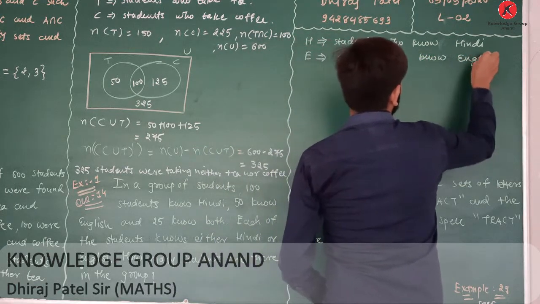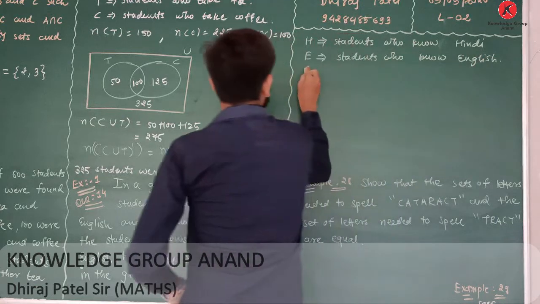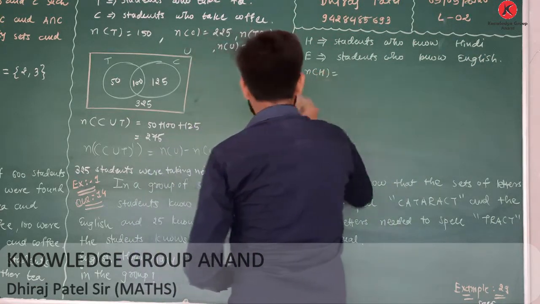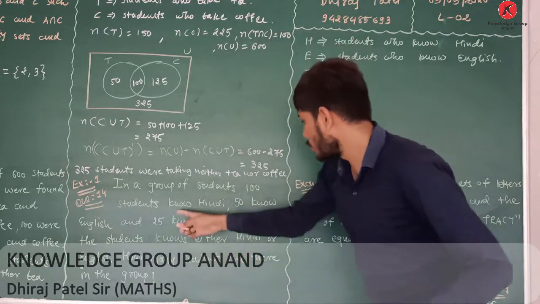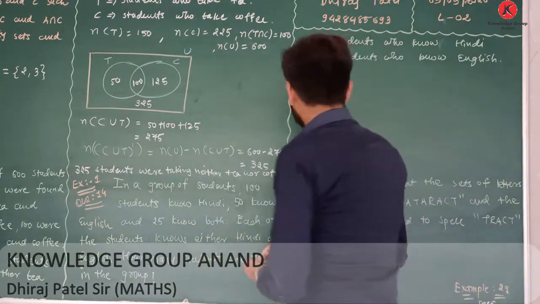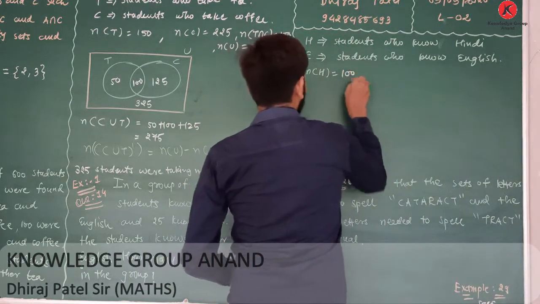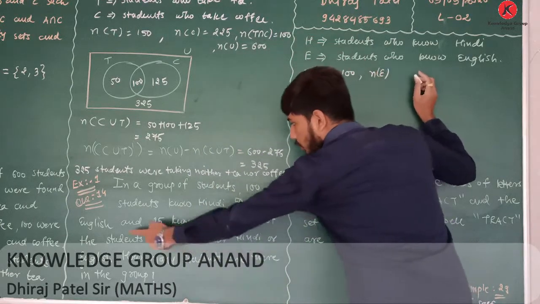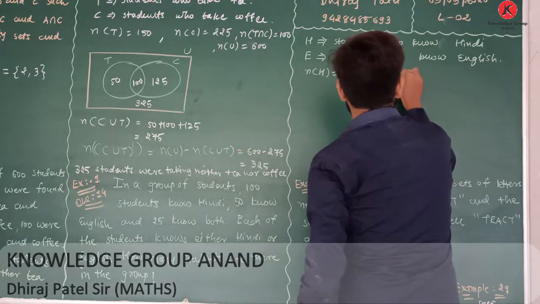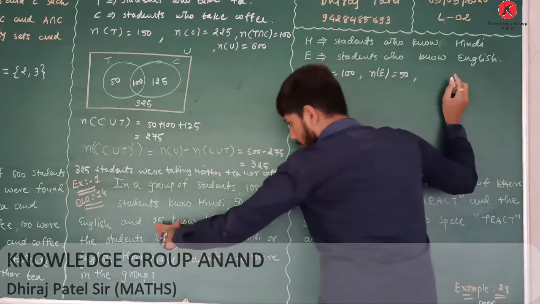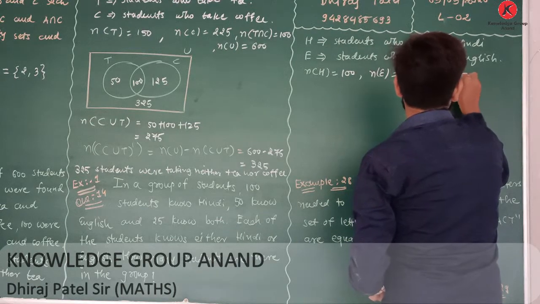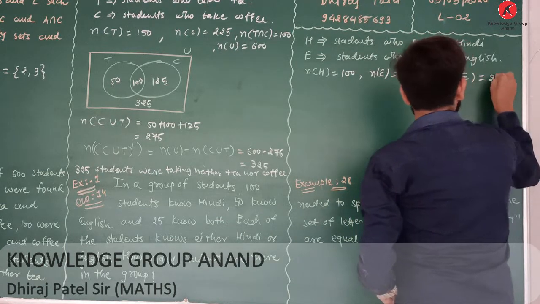Okay, now write down the data. Number of elements in Hindi, which is equals to 100 students will know Hindi, therefore we can say that number of H equals to 100. Number of English, 50 know English, which is equals to 50, and we know that 25 know both. We can say that H intersection E equals to 25.